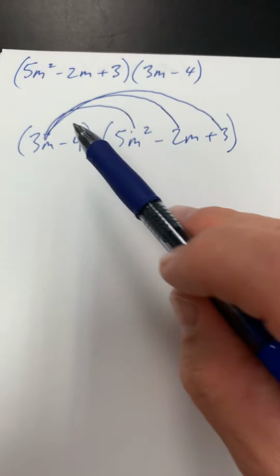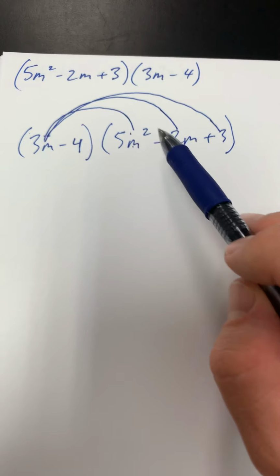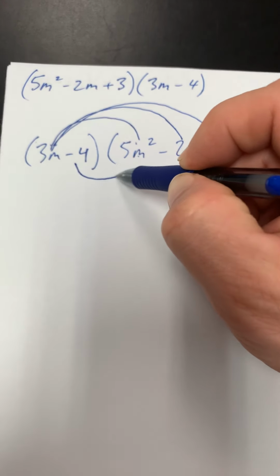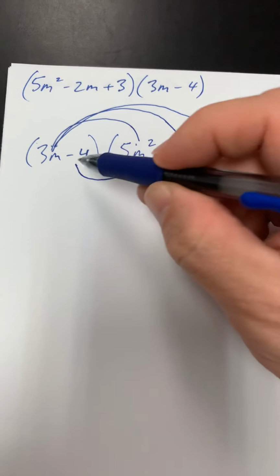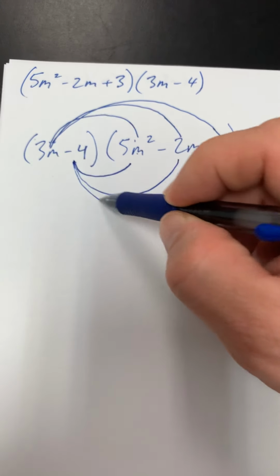After we distribute the 3m to the 5m squared, the negative 2m, and the positive 3, then we're going to come back and go negative 4 times 5m squared, negative 4 times negative 2m, and then negative 4 times positive 3.